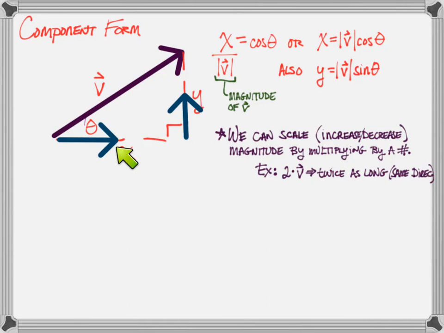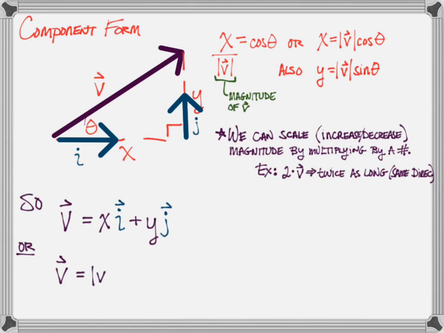Having twice as many unit vectors horizontally and vertically would give us a scaled value of twice the amount for v. So in general, x is just scaling i and y is scaling j, and so we talk about it in terms of i and j. Again, the same principle as before.